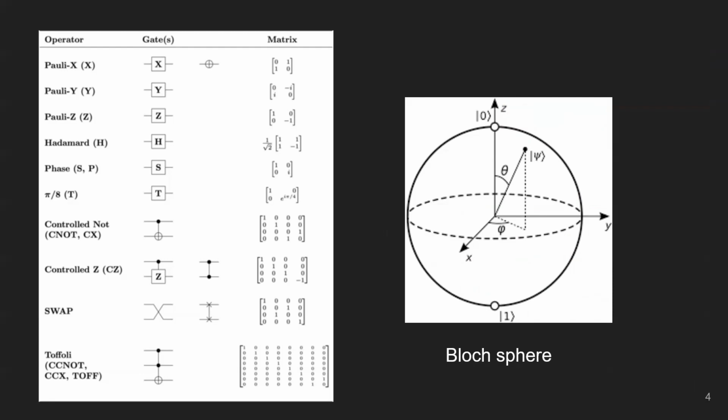So this is just a list of the most common quantum circuit gates. You have a quantum circuit, and you want to apply gates on your qubits. This is how you can do it.